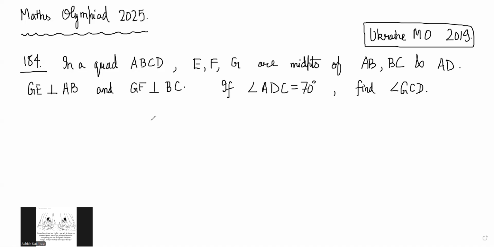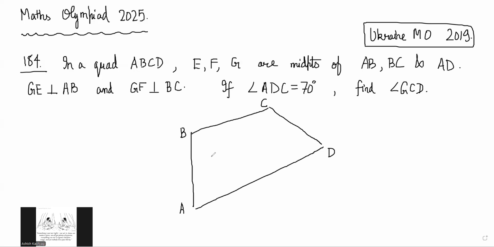Let's look at the figure and try to understand it. Quadrilateral ABCD, E, F, G are midpoints of AB, BC, and AD.